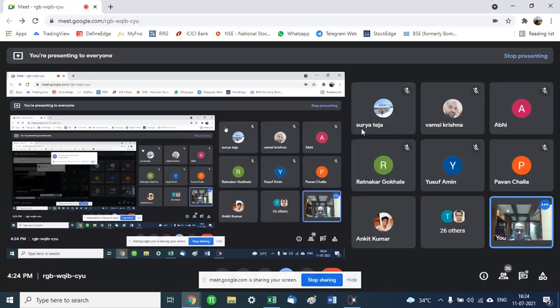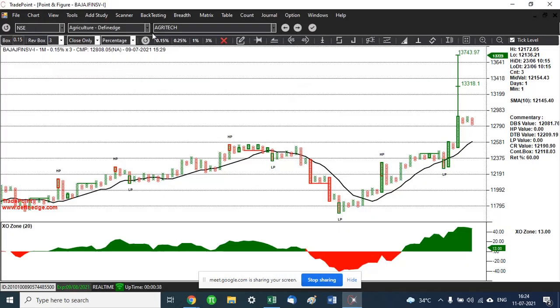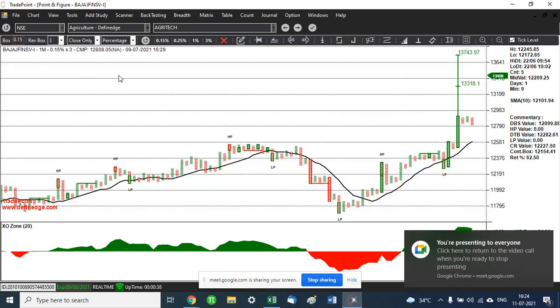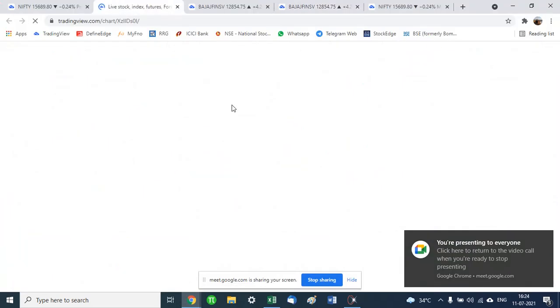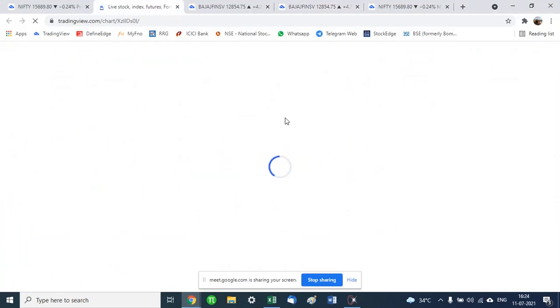Then we can also do sector analysis here of relative strength. I have already shown you how to do sector analysis using relative strength in TradingView.